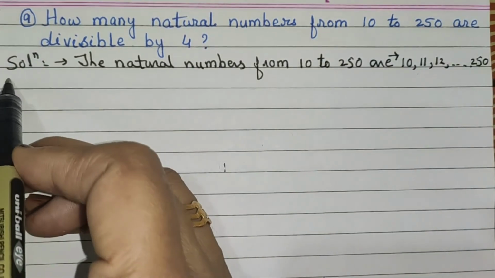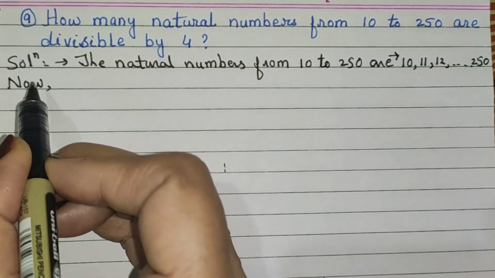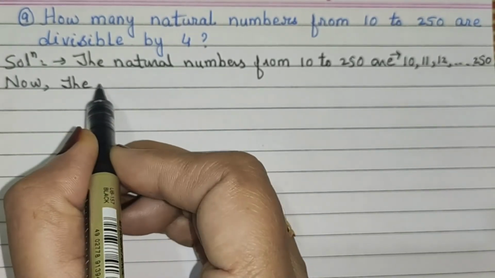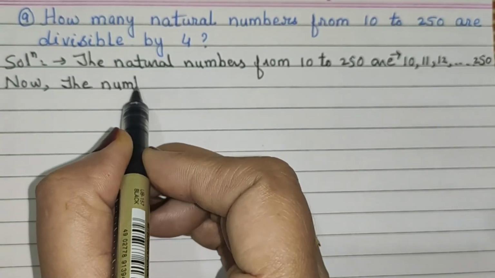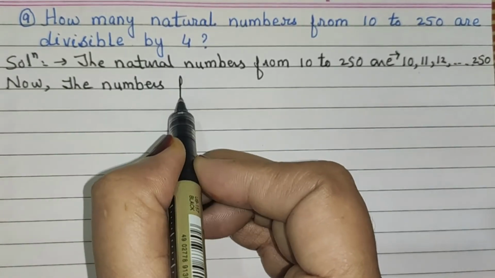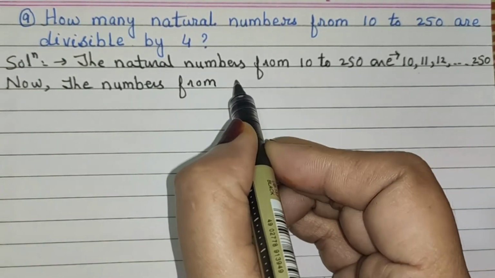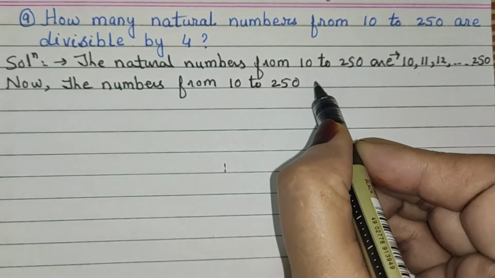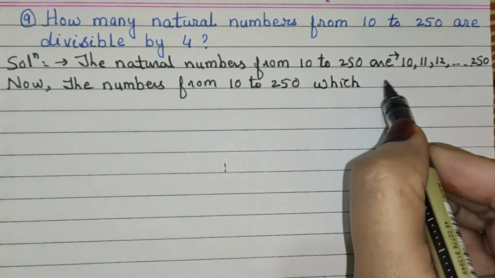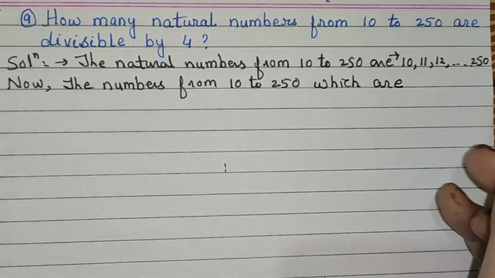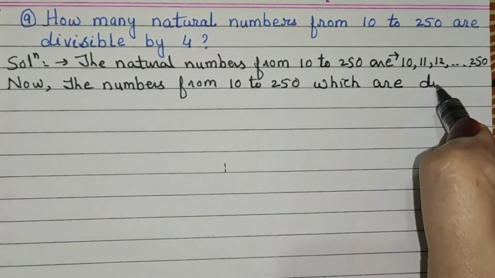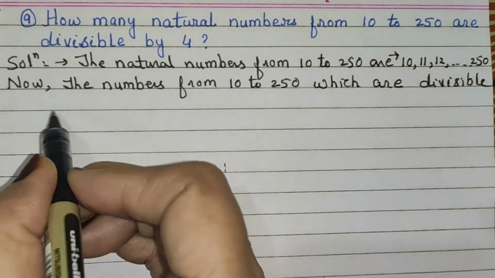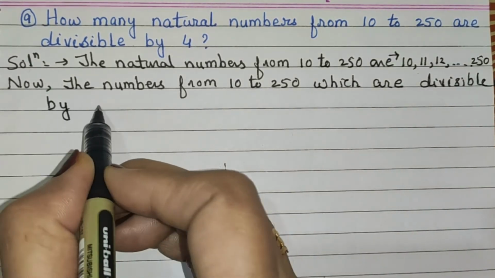Now the numbers from 10 to 250 which are divisible by 4 are.